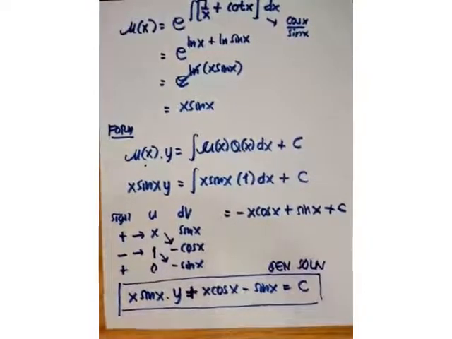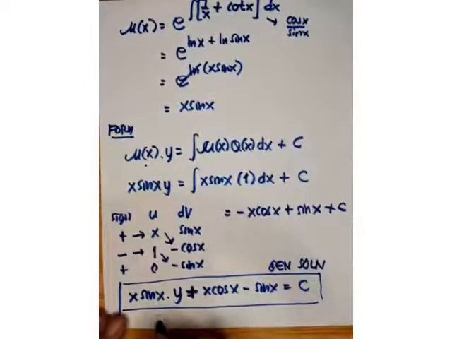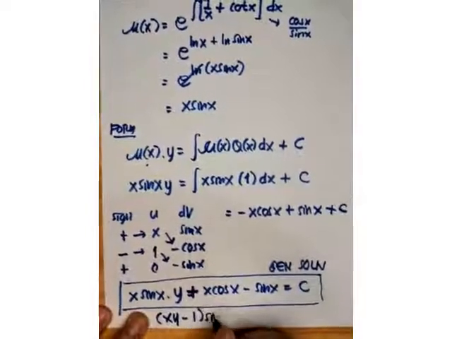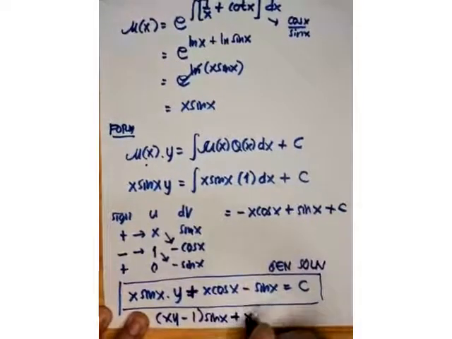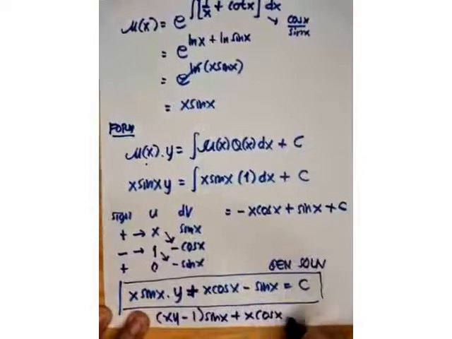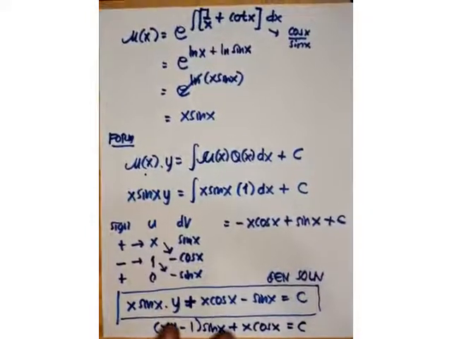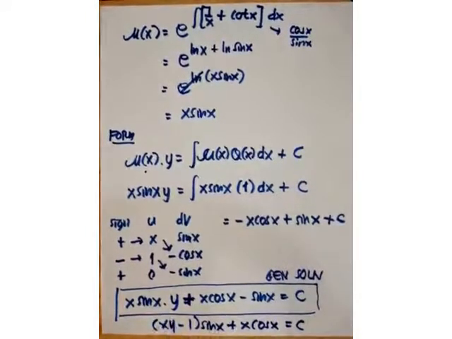If you want to factor out sine dito, pwede din naman. So magiging yung xy minus 1 sine x plus x cosine x is equal to c. So whichever of the two is the same.